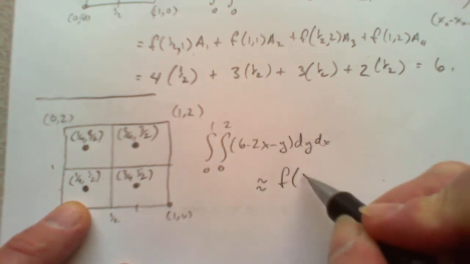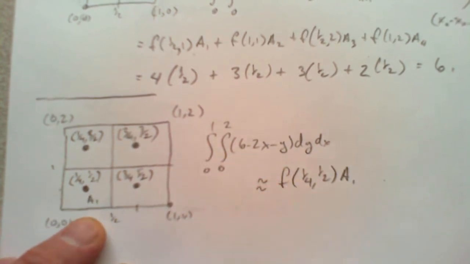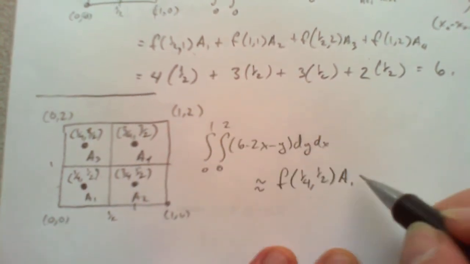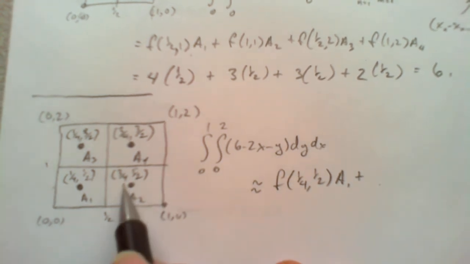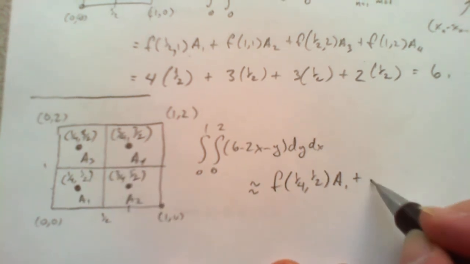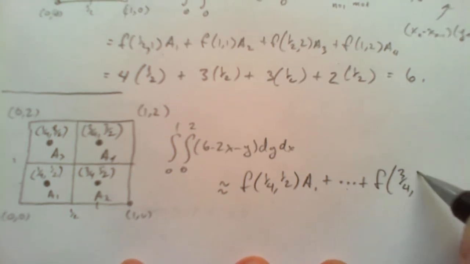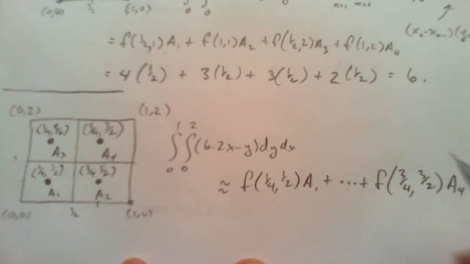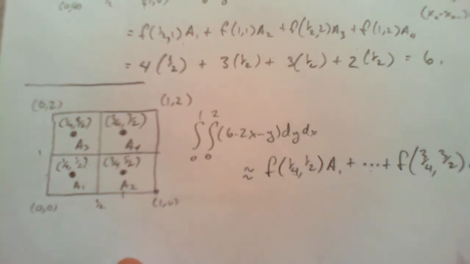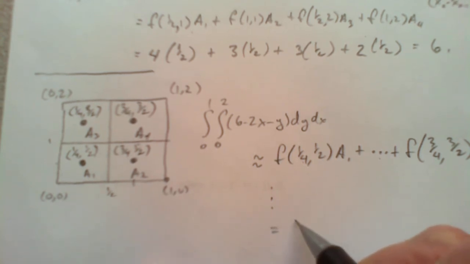You would have f of (1/4, 1/2) times this area, which is 1/2, and then another one here, here, and here, plus f at that point times that area, f at that point times that area, f at that point times this area. So all of them. There's only 4, but just to save time, I think you get the idea. Area 1/2, and then you plug 1/4 and 1/2 into here. At the end of the day, you'll get 16/2 or 8.